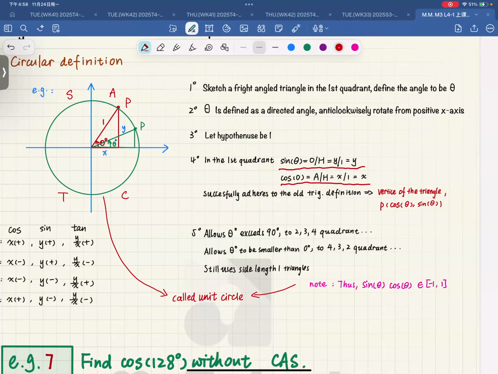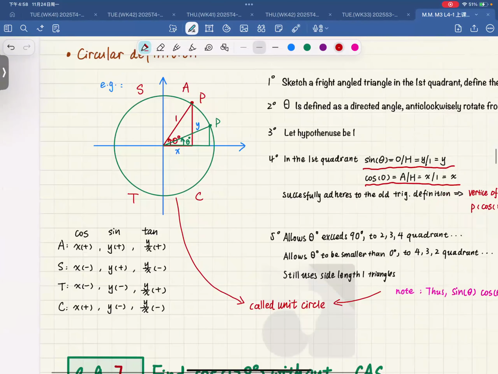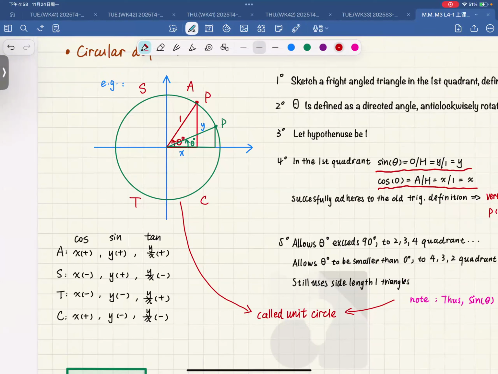And if we look at this graph, we have A, S, T, and C. It's about positive and negative. A means all.